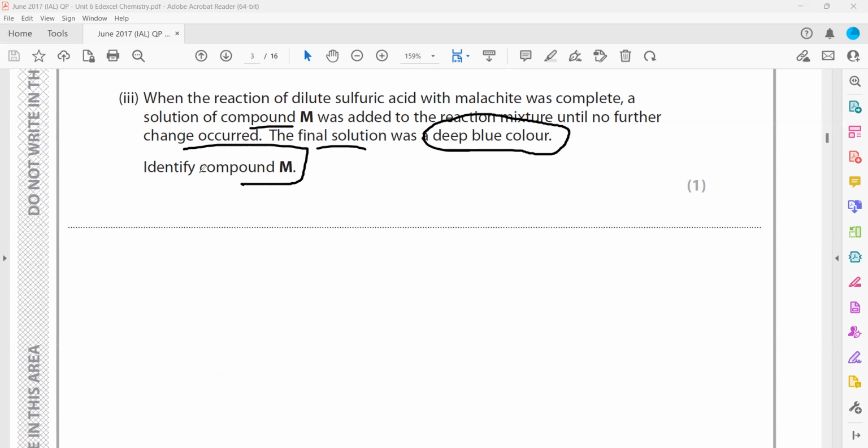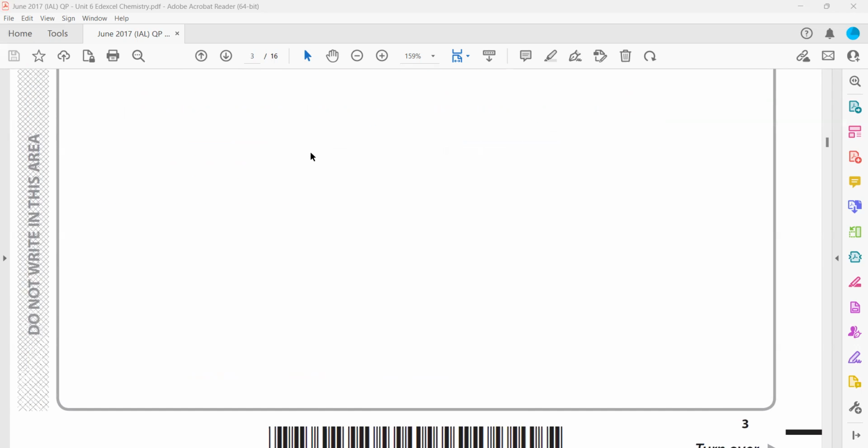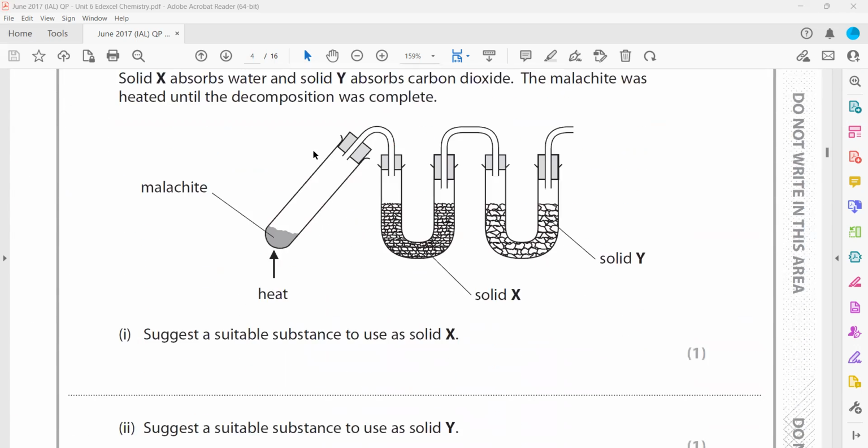So identify what we add. It means we add aqueous ammonia, because when aqueous ammonia is added, it will first form a blue precipitate, which will dissolve to form a deep blue solution.